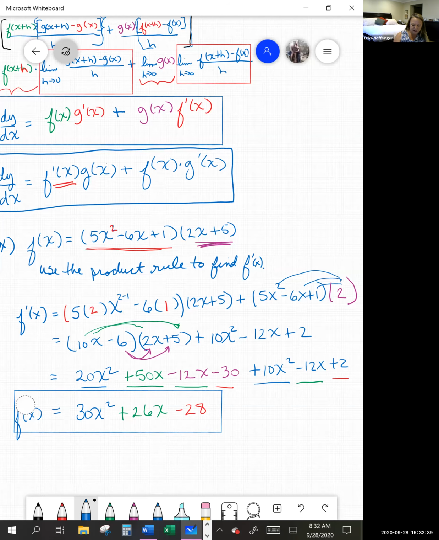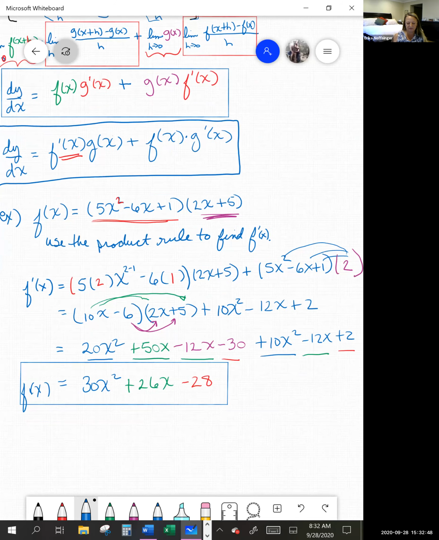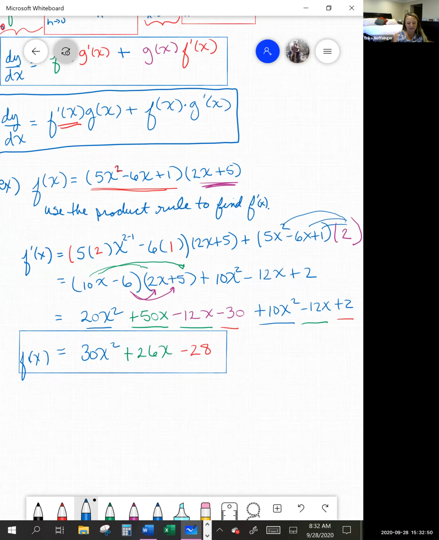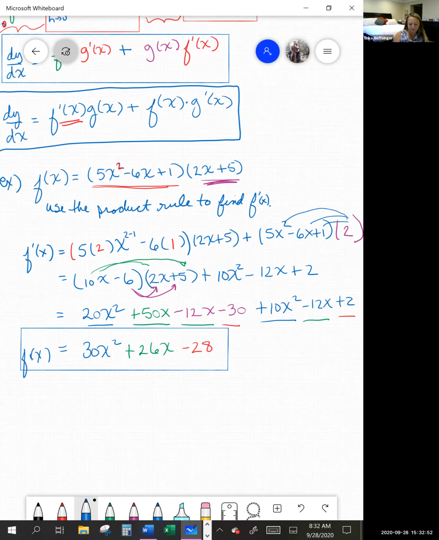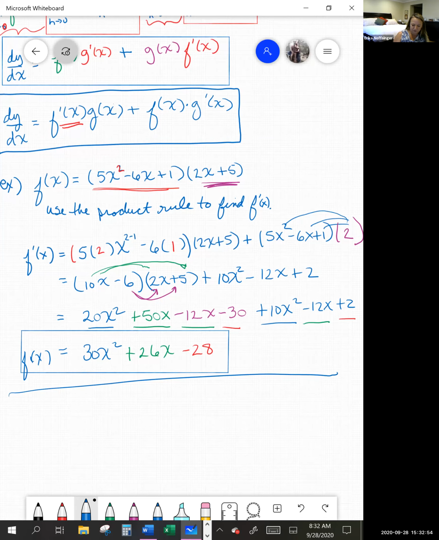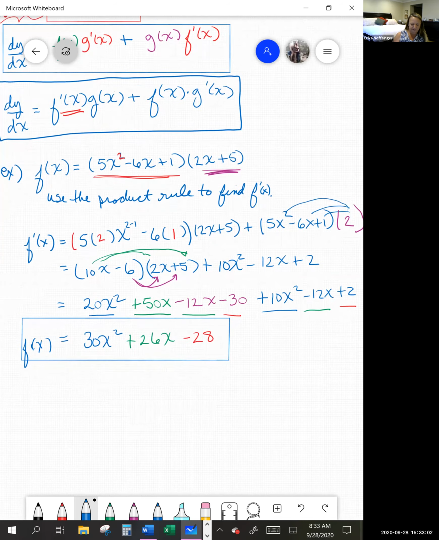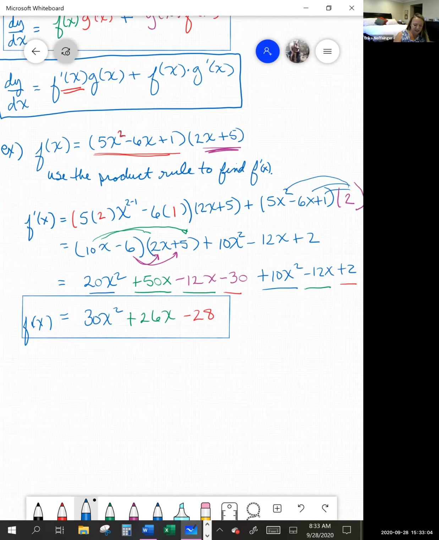So in that case, I don't know how much faster that would have been, instead of expanding that and just taking the derivative first. So same idea.